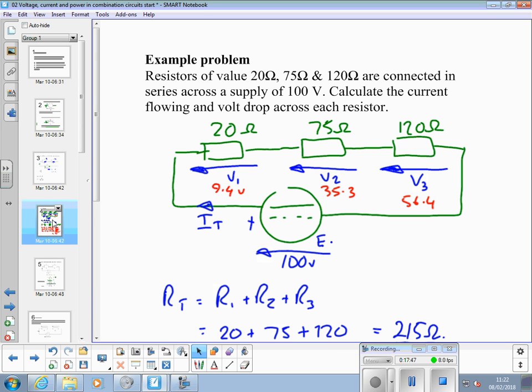The voltage is divided in proportion to resistor values, the biggest voltage across the biggest resistor. And that's the underlying principle worth remembering in a series circuit, because then you can check, does that look right? Small resistors get small voltages.